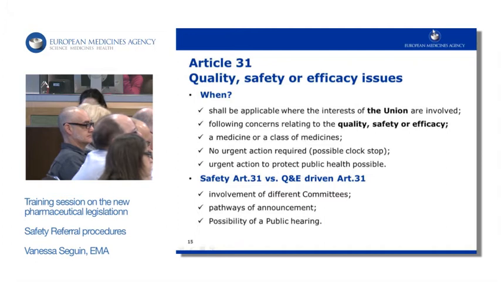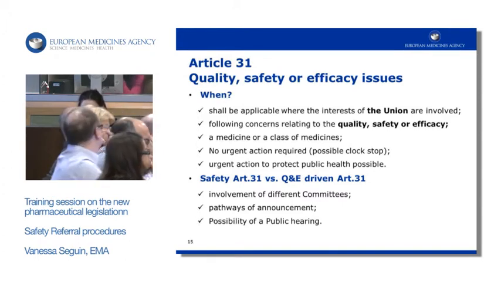So now, what is new for Article 31 is that the safety Article 31 versus the quality and efficacy driven Article 31 are different, in a way that these differences imply involvement of different committees.